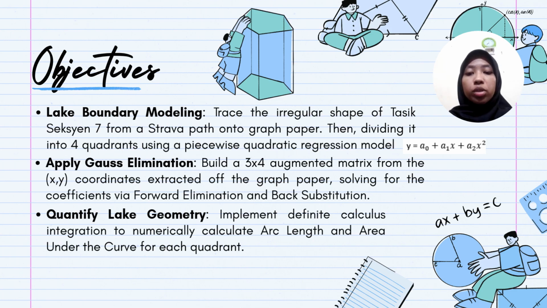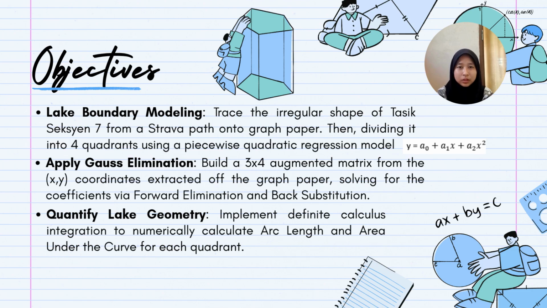The piecewise function means a function that changes depending on the input. Instead of using one single equation for everything, it will use different formulas for different pieces so that it is easier to do the calculation for each curve.